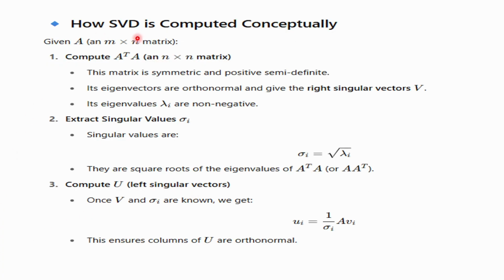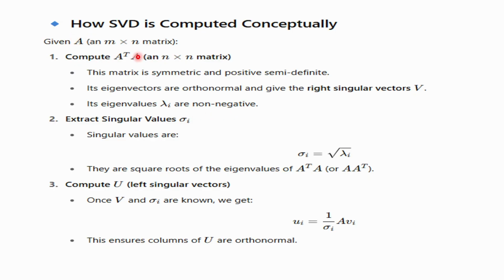How is SVD computed? First of all, we have to compute A transpose A. This matrix is symmetric and positive semi-definite. Its eigenvectors are orthonormal and give the right singular vectors V. Its eigenvalues lambda i are non-negative.